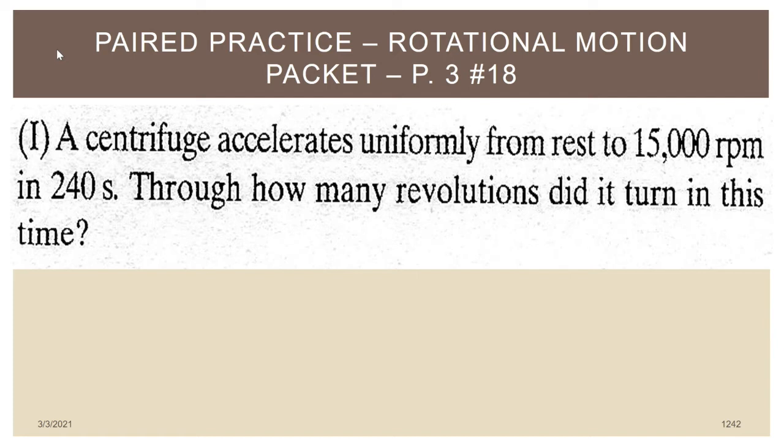So there are a number of ways that you can solve this problem, but the first thing that we have to do is we have to do our conversion for omega final. Since I've never shown one of these, I'm going to show it here. Again, in the future, you can just write it in your list of knowns, but here we have 15,000 revolutions per minute.